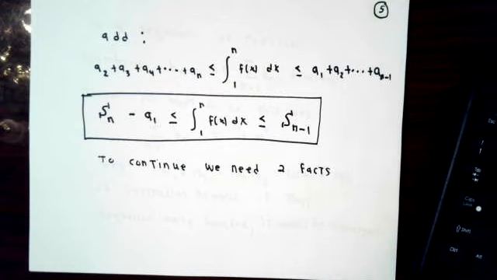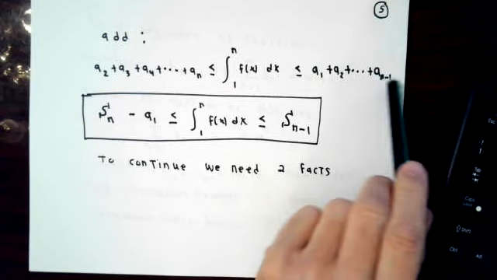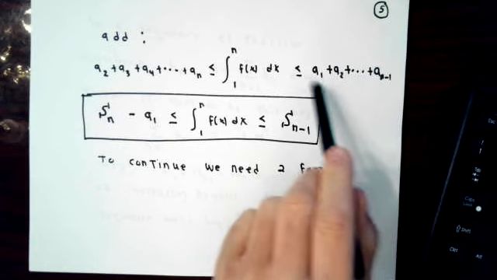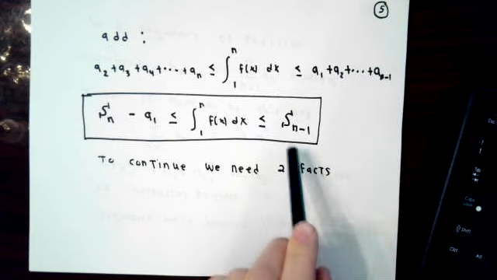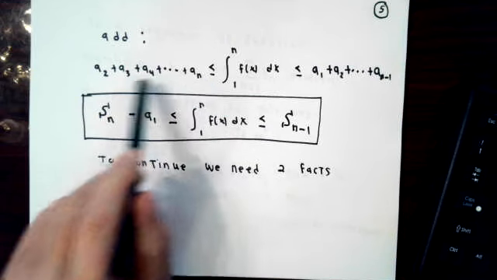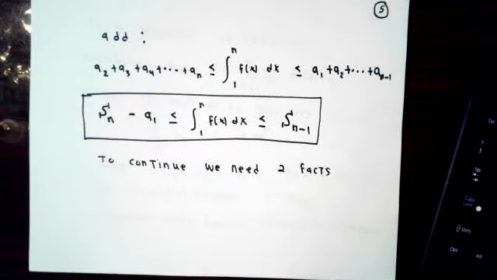Two comments here. Comment number 1, this is a partial sum of the infinite series using the a numbers as its basis. This is partial sum number n minus 1 for the sum n equal 1 to infinity of an. Secondly, this is almost a partial sum. All you're missing is a1.